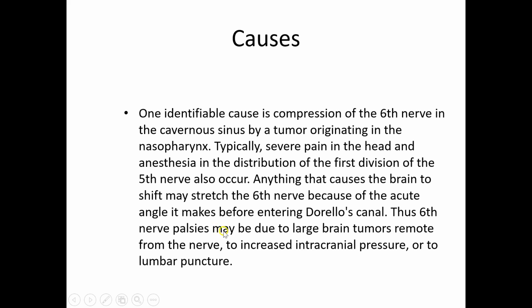Thus, sixth nerve palsy may be due to large brain tumors remote from the nerve, to increased intracranial pressure, or to lumbar puncture, in which cases it is called a false localizing sign. It is very commonly seen, not only with involvement of the sixth nerve itself, but many other causes that increase intracranial pressure can cause sixth nerve palsy.